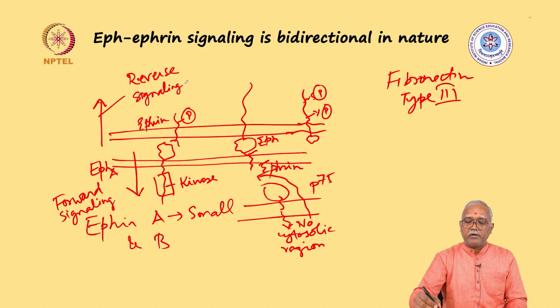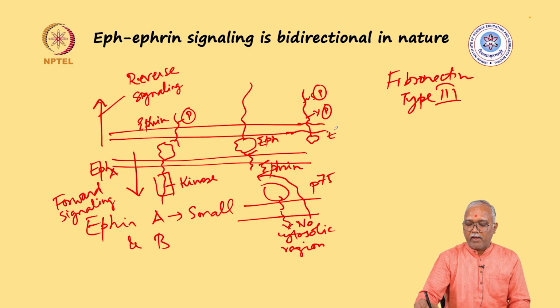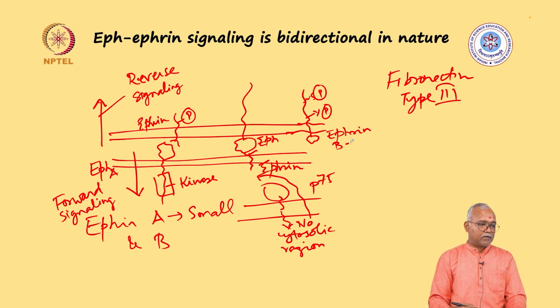There are multiple molecules, as I say, serine phosphorylation happens, tyrosine phosphorylation happens. So, cells will have soluble tyrosine kinase activity, soluble serine threonine kinase activity. They will end up phosphorylating the cytoplasmic tail of the Ephrin B type receptors.